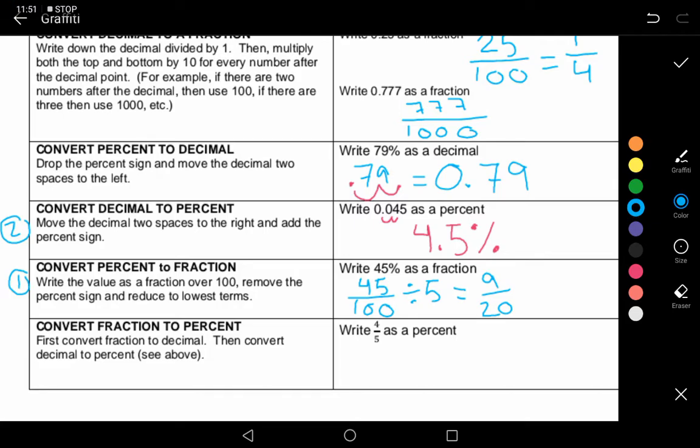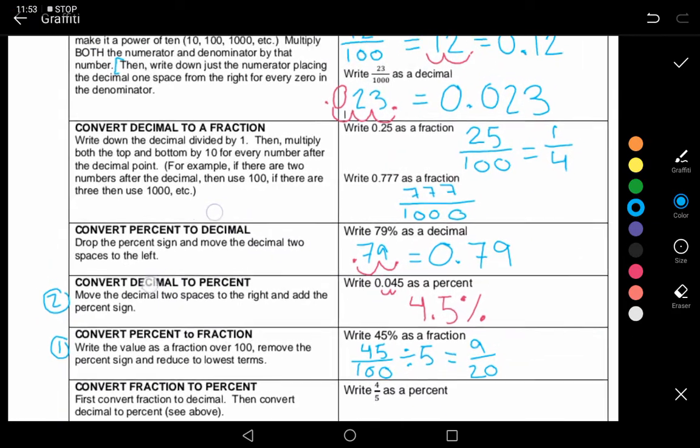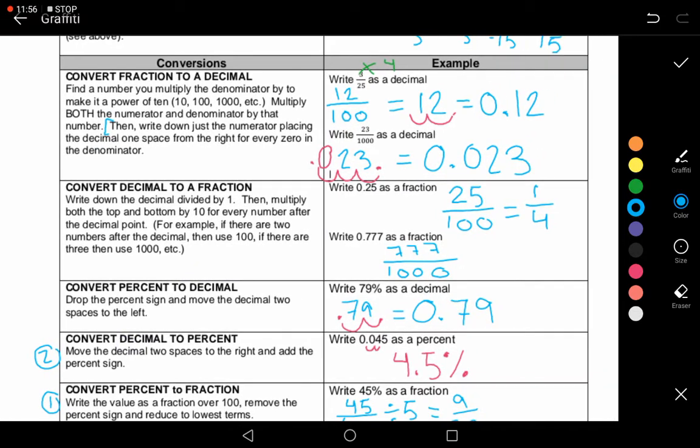Oh, I'm sorry, we have to do fraction to decimal, which is all the way up here, not over here. Fraction to decimal. Okay, so that's what we did up here.